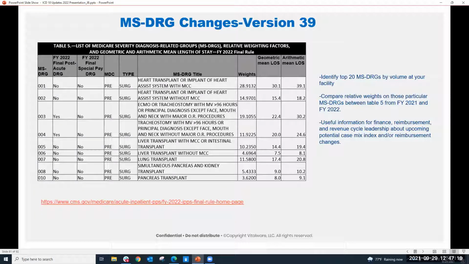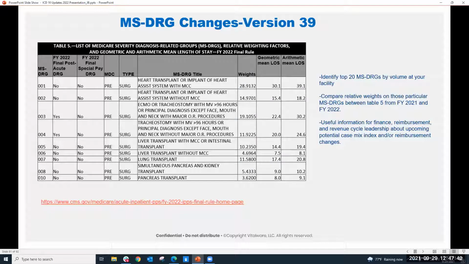And this chart actually shows you what the weights of the DRGs are. So you look at just those 20, and you can see if the weight changes. You can see if you'll be positively or negatively impacted case mix index wise or reimbursement wise. And a lot of times this is really useful information for your finance, reimbursement, and revenue cycle leadership, as well as administration.